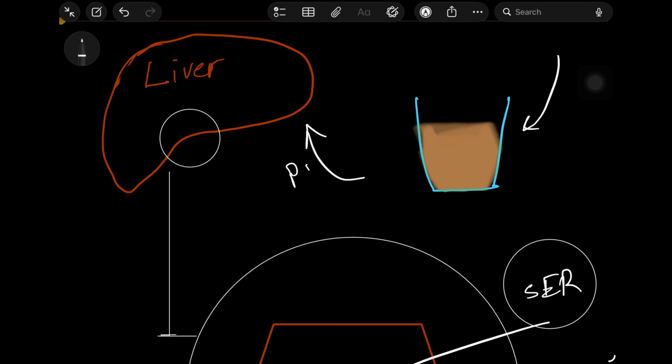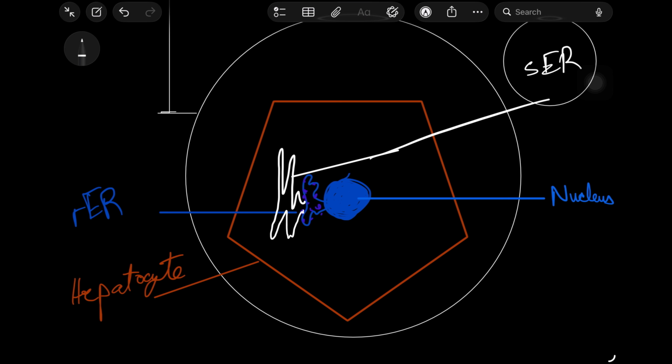Now, if we go down and look at the histology of a hepatocyte, just a quick, very brief histology. You have the nucleus, and continuous with the nuclear envelope is the rough endoplasmic reticulum, which is responsible for protein processing. And connected to the RER, you have the SER, the smooth endoplasmic reticulum.